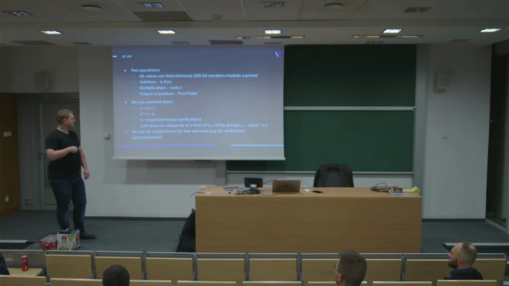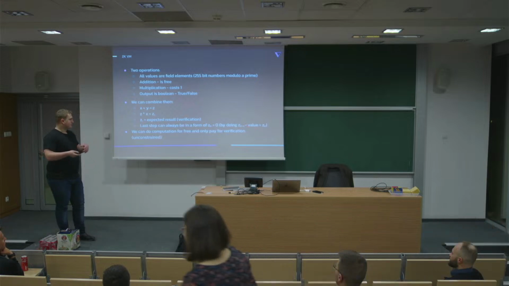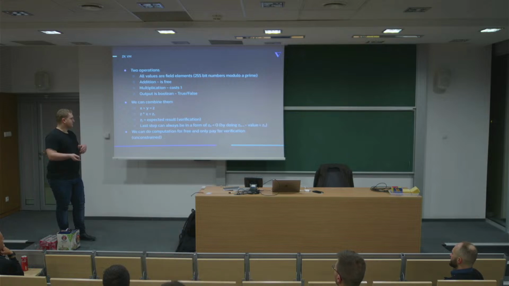So our program will be a list of operations, additions and multiplications, and at the end we check that our result will be equal to the expected result. Or our last step can always be in the form of zn equals 0, if we're just doing zn equals zn minus 1 minus value. So that's how we transform all comparisons to equalities to 0.